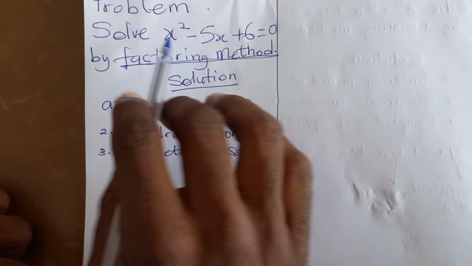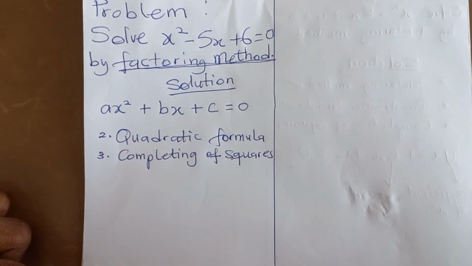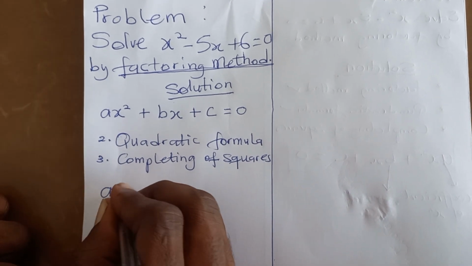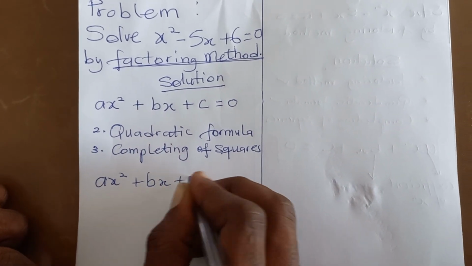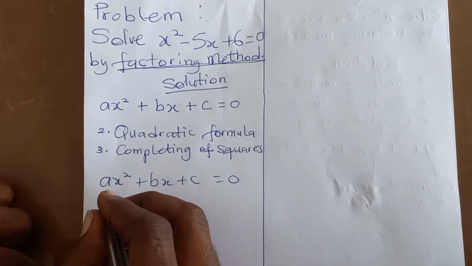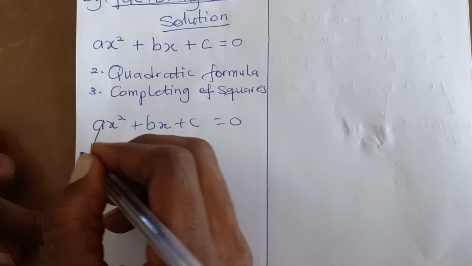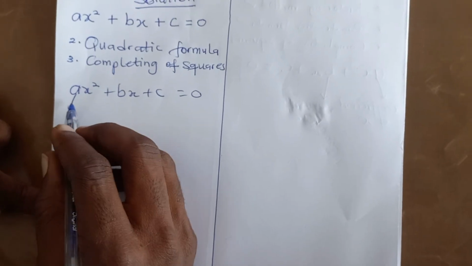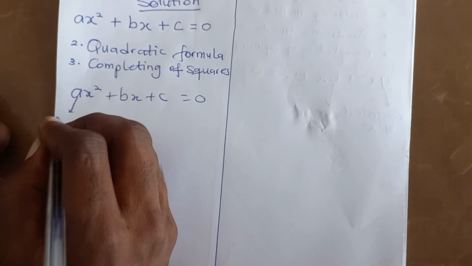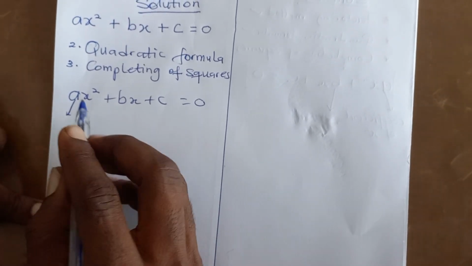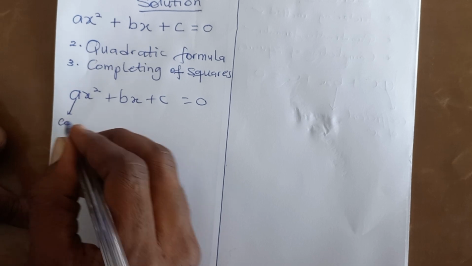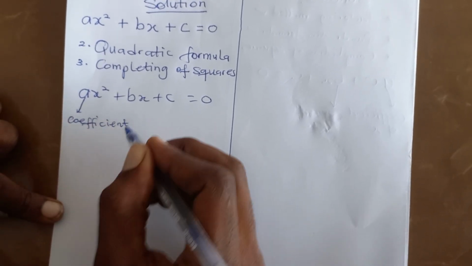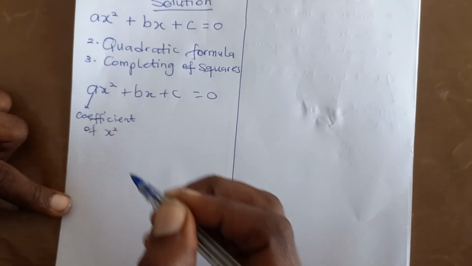So comparing our problem to the general form of a quadratic equation, let me rewrite it: ax squared plus bx plus c is equal to 0. Our a here is called the coefficient of x squared.